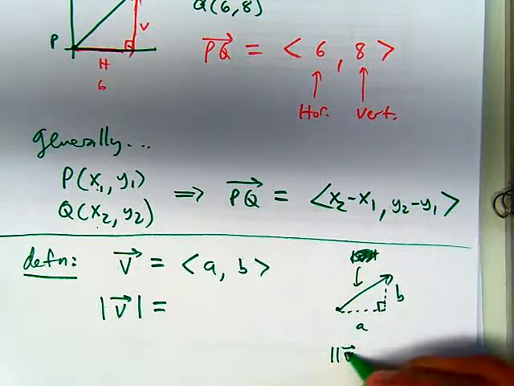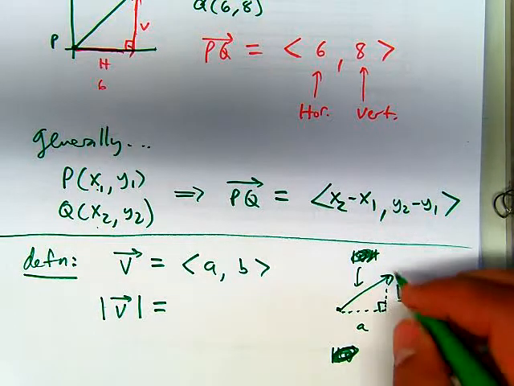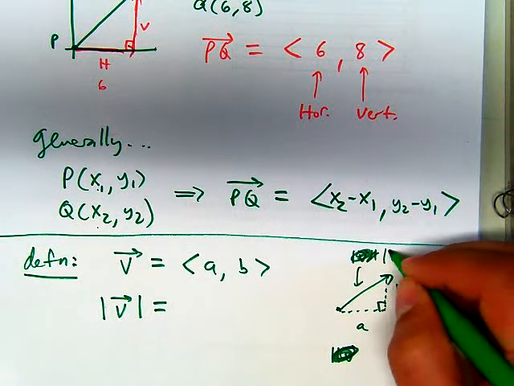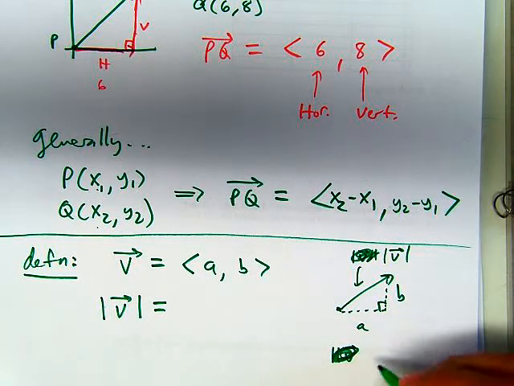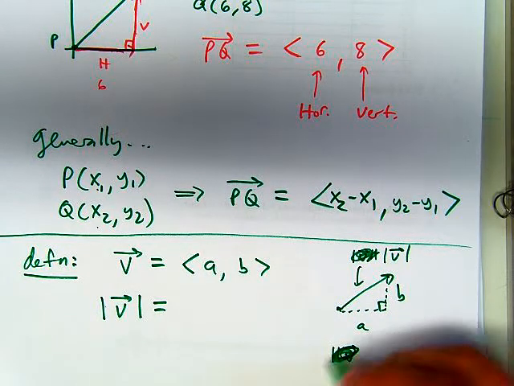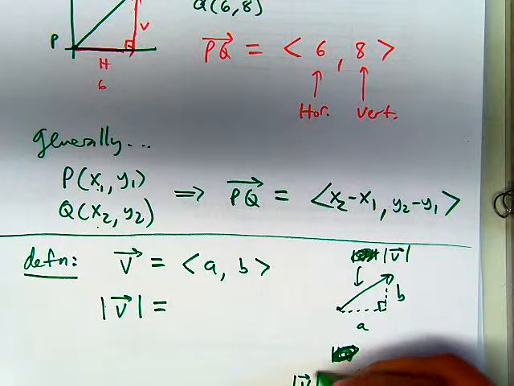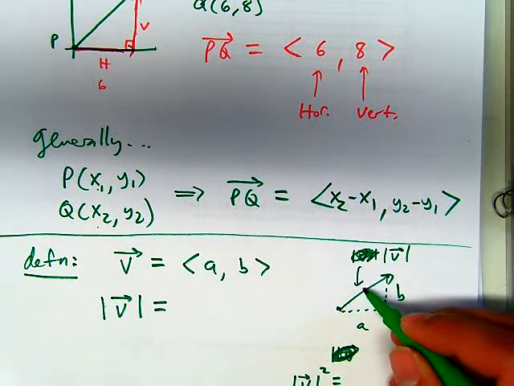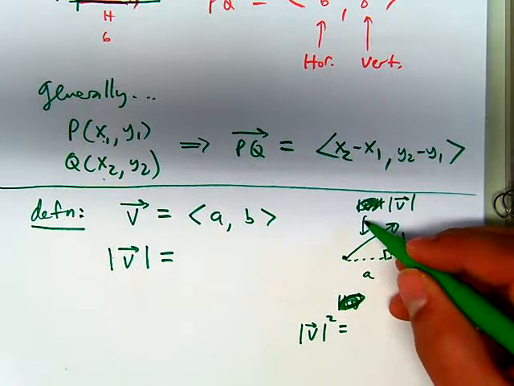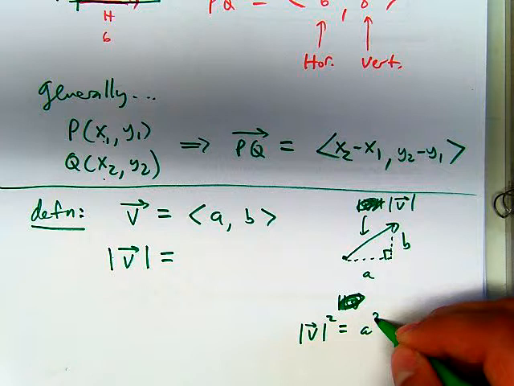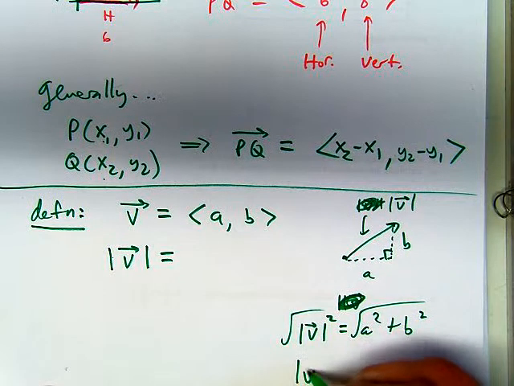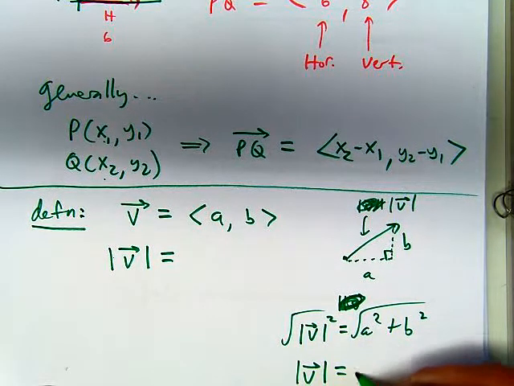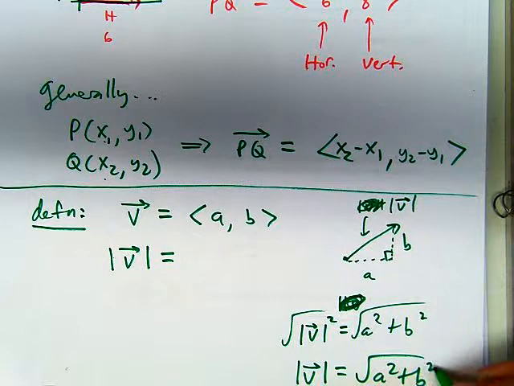Sorry, I'm mixing in my other notation for Calc 3. We're just calling it magnitude V with one absolute value bar. That would be, if I squared it, that's like the c squared in the Pythagorean theorem. We'd say c squared is a squared plus b squared. So if I took the square root, we'd say that the magnitude is just the square root of a squared plus b squared.